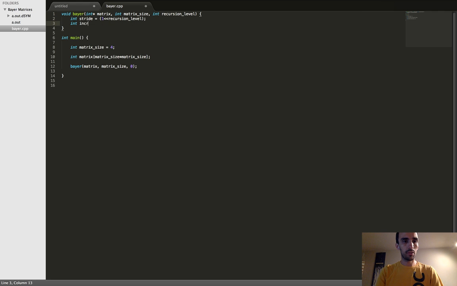And let's do the increment. Now how am I going to do a log base 2?